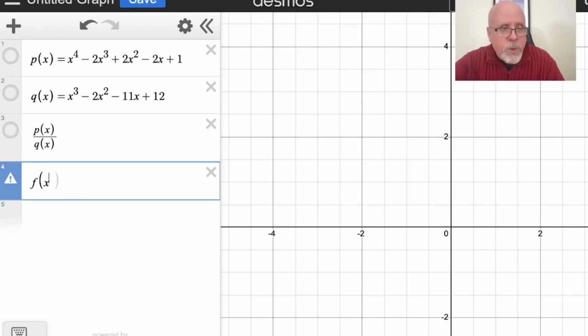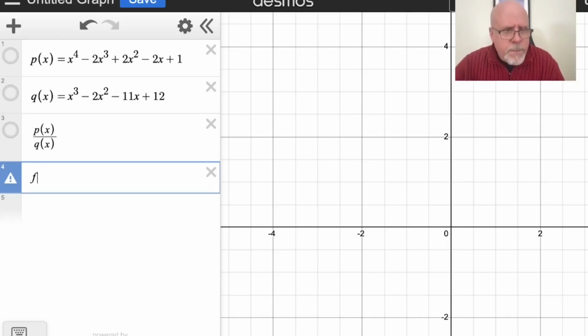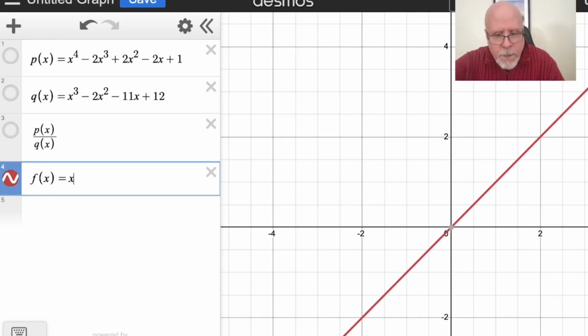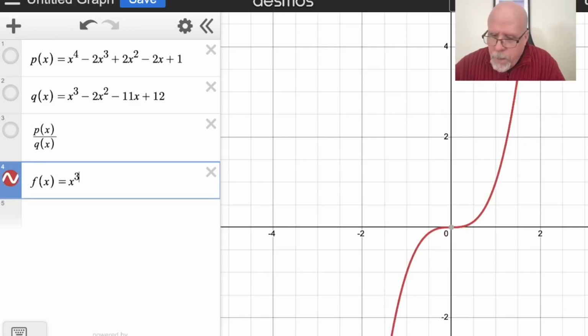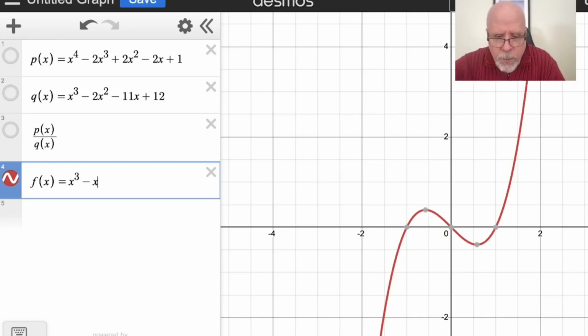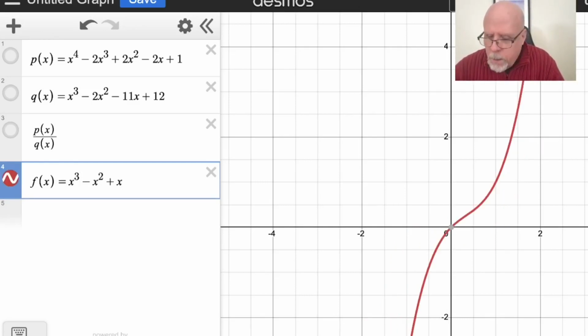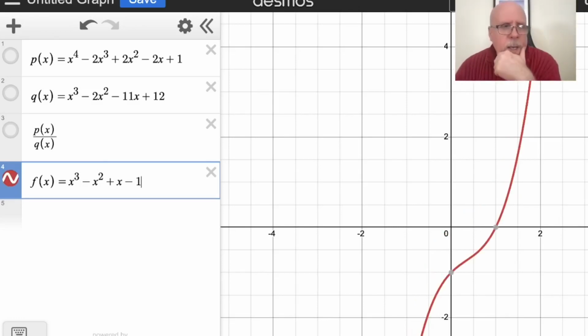So it was the quotient we just found. x to the 3rd minus x to the 2nd plus x and then minus 1. Oh heck, that's got a 0 too. And it's also at 1. That means I can divide x minus 1 into that quotient we just got a second time.